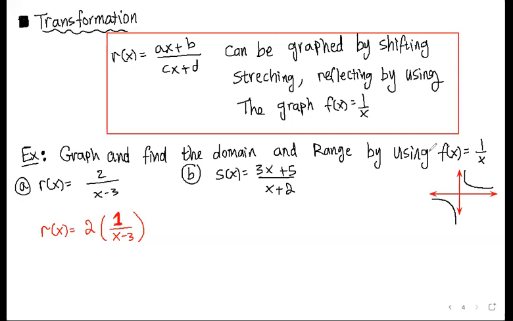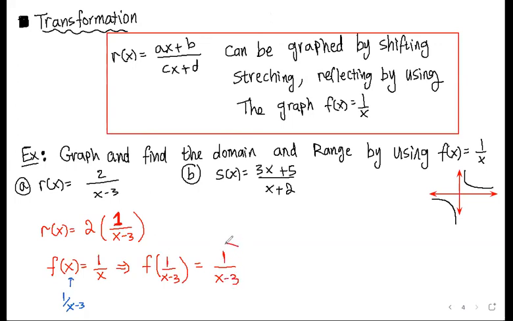Now, using the function f of x equal 1 over x, if I plug inside this function, instead of x, the value x minus 3, I will get a new function like this: f of x minus 3 equal 1 over x minus 3.